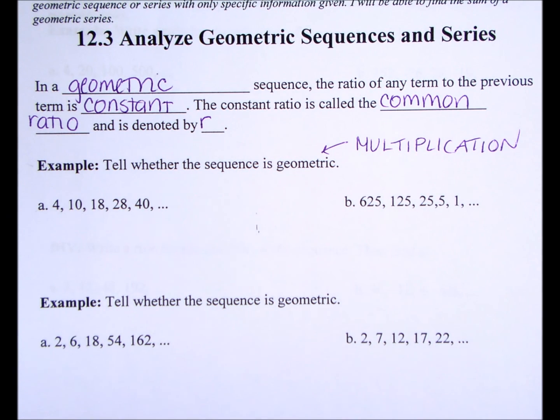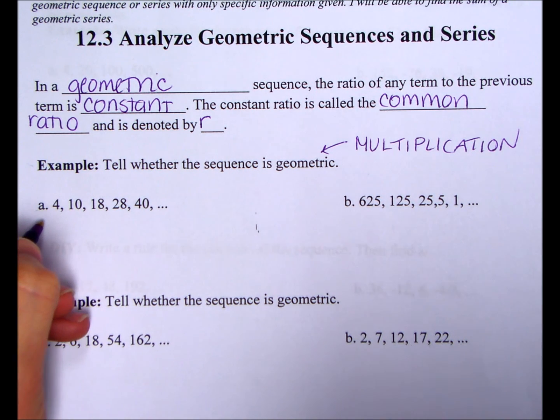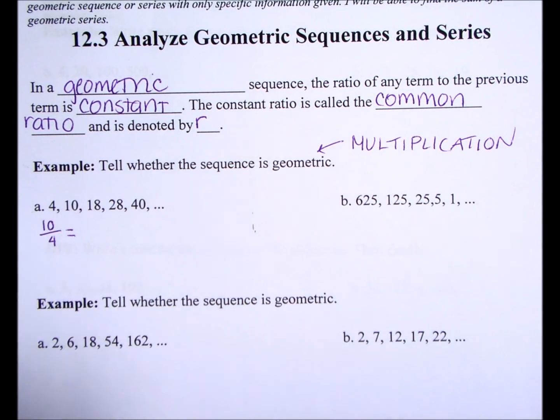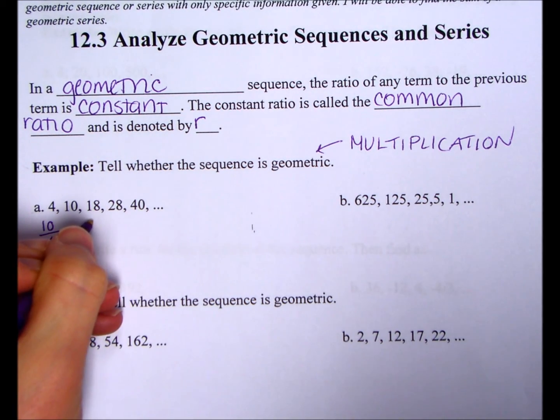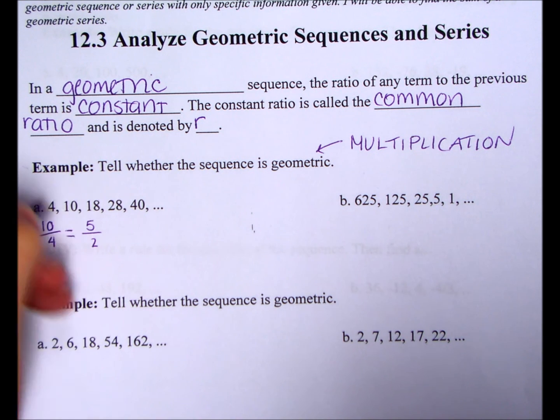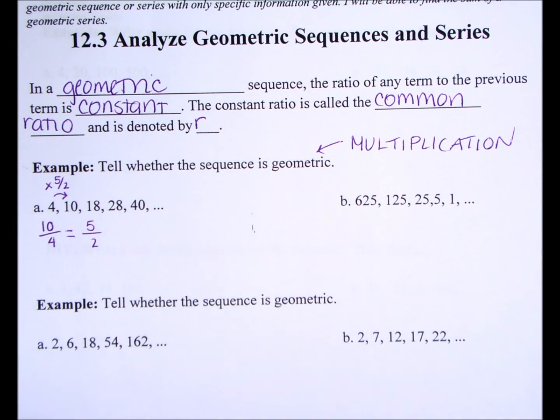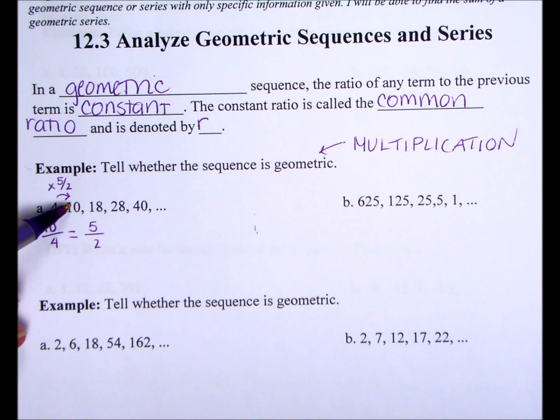To verify, we are going to divide the second term by the first term, always that way. So 10 over 4 gives us 5 halves. To go from 4 to 10, we multiply by 5 halves. Now I want to see, do I get from 10 to 18 by multiplying by 5 halves?